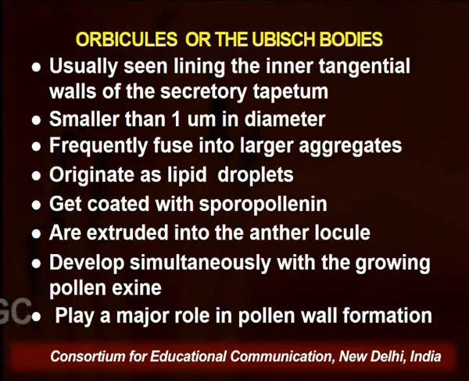Eventually, the tapetal wall disintegrates and these Ubisch bodies move into the anther locule, and here they aid in the development of the pollen wall and play a major role in pollen wall formation.